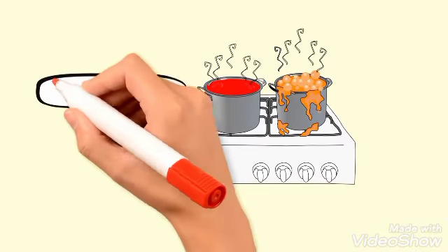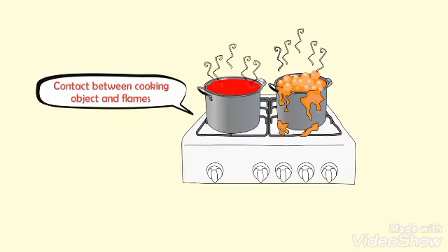It is because there will be contact between your cooking object and the flames. Thus, this contact will provide a medium to heat energy, due to which heat energy or thermal energy of the flames would transfer to your cooking object and food will be cooked in this way.